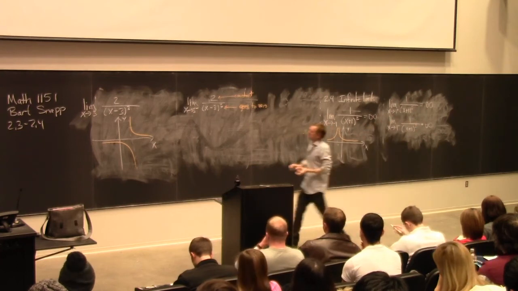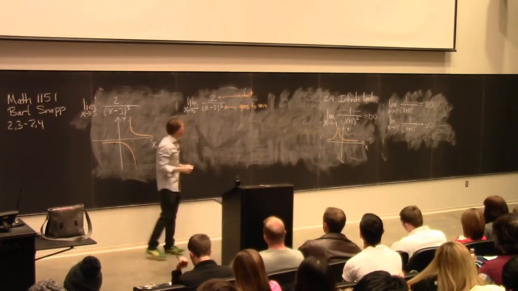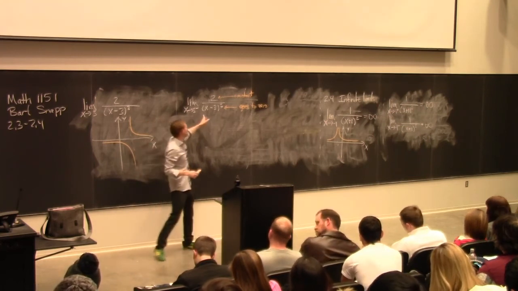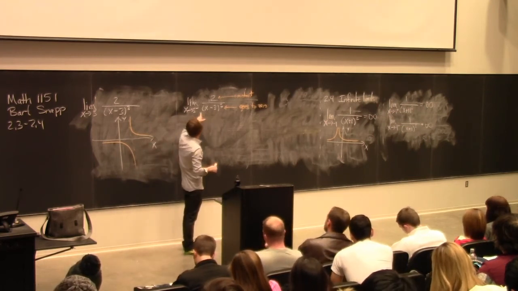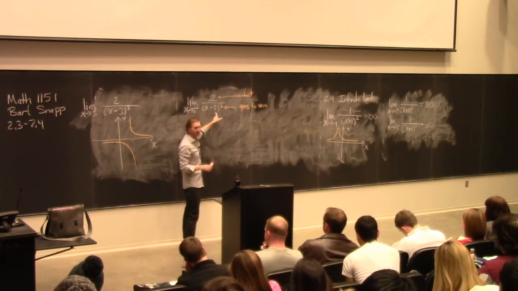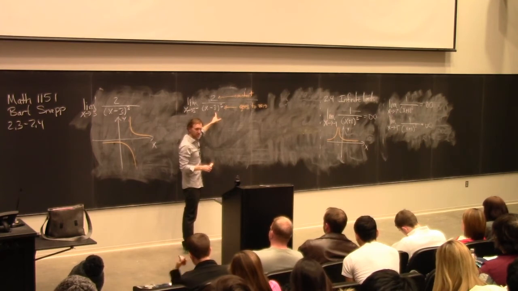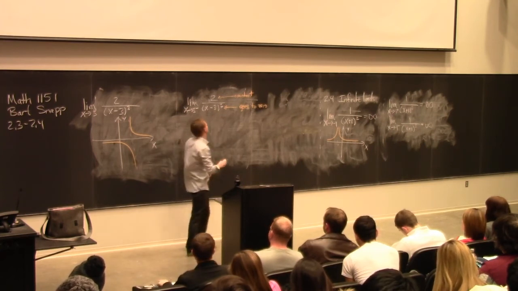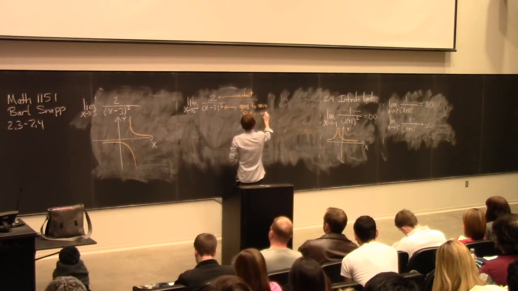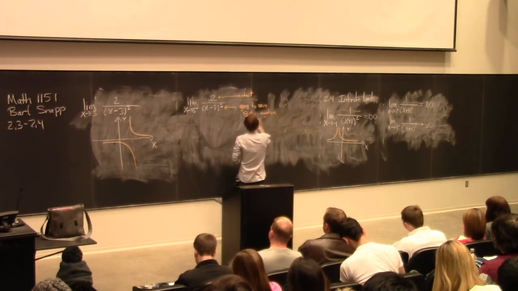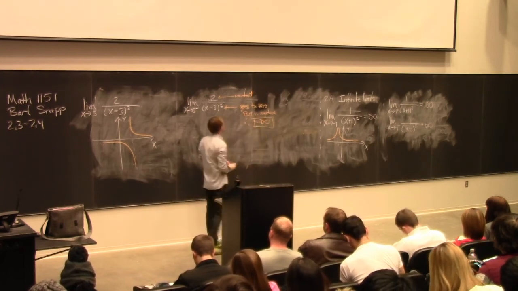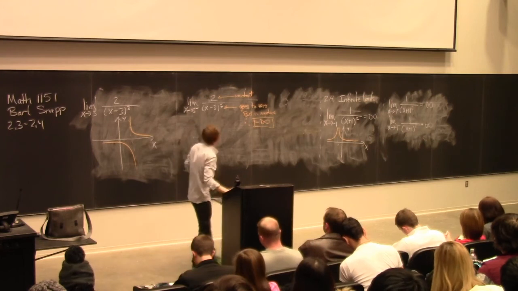Negative, because the type of thing I'm plugging in is like 2.9. 2.9 minus 3 is negative 0.1. Cube it, still negative. Therefore, minus infinity is the answer here for 3 from the left.